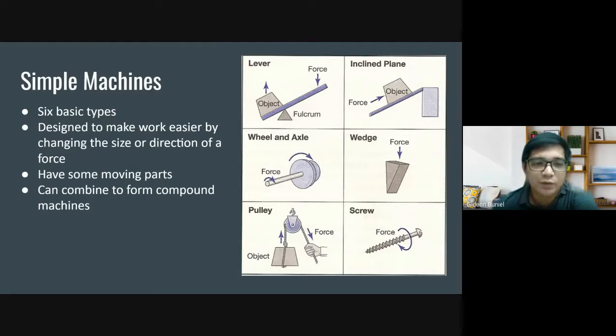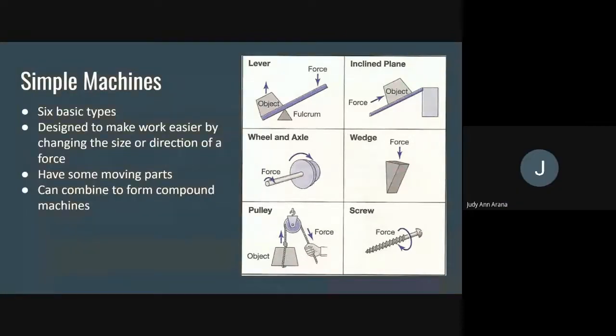They are designed to make work easier by changing the size or direction of a force. They have some moving parts and can combine to form a compound machine. So these simple machines, as you can see on the figure on the right, can you see it, guys? Can you confirm that you can see the image? Yes, sir. Klaro, sir.